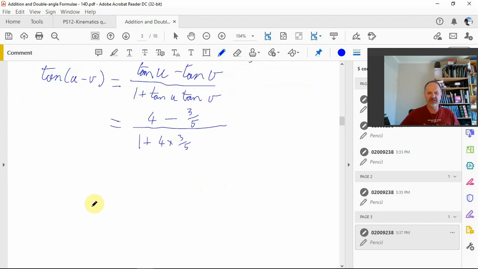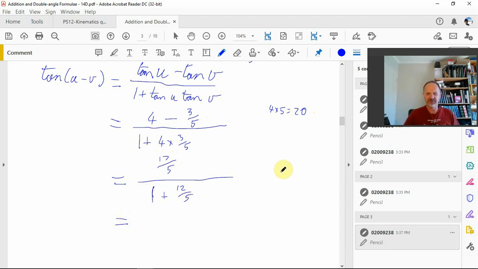All right, so what do we got? On the top, common denominator of 5 there. 4 times 5 is 20. And then we go, so it's 20 minus 3 is 17/5 on the top. On the bottom, I've got 1 plus 12/5.